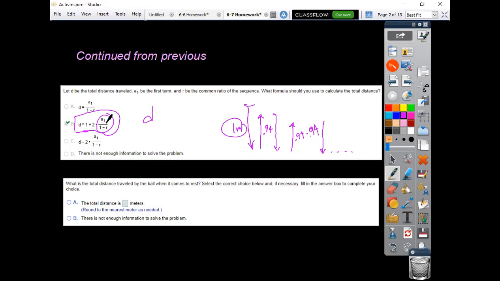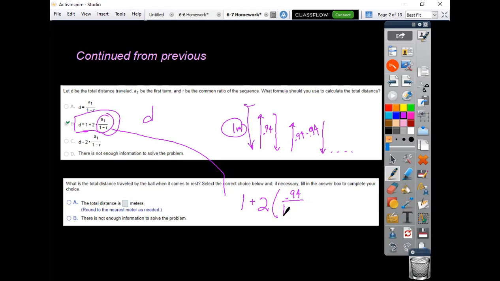And then the last thing says, so what's the total distance traveled? So we're just going to plug it into this formula. So we've got my 1 meter drop and 2 times my initial height. A1 was the 0.94. The 0 was my starting height. After one drop, one bounce, it was at the 0.94.